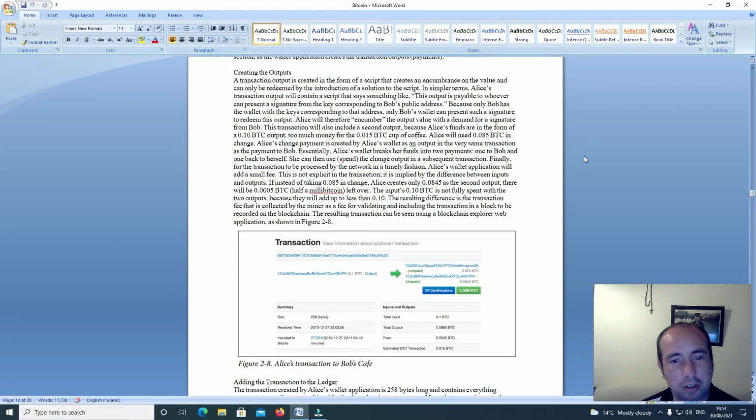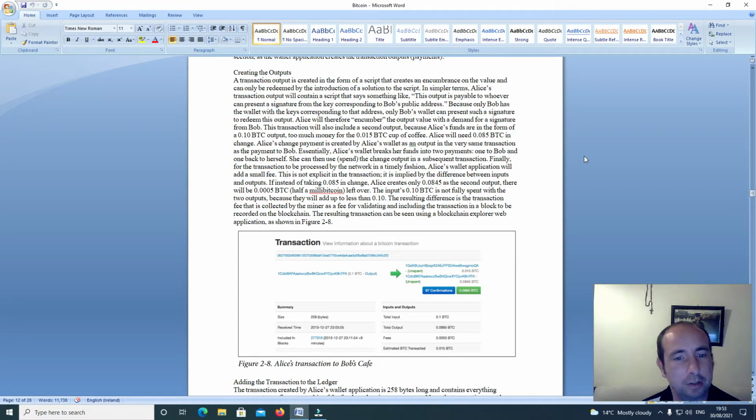This transaction will also include a second output. Because Alice's funds are in the form of a 0.10 BTC output, too much money for the 0.015 BTC cup of coffee, Alice will need 0.085 BTC in change.